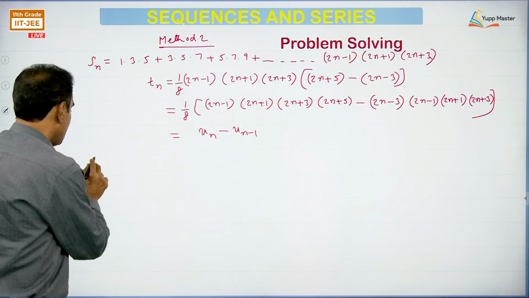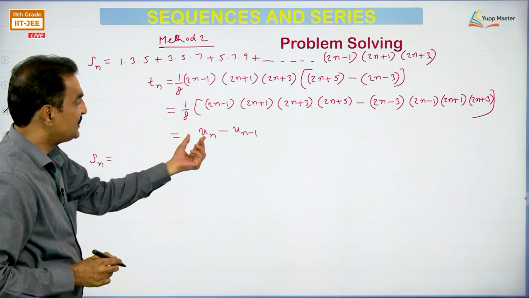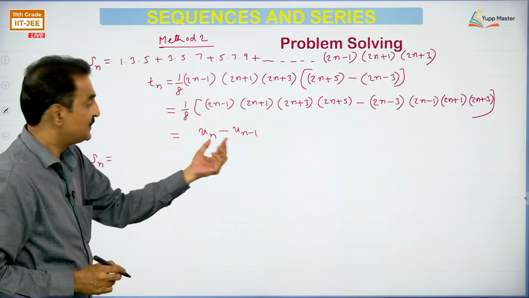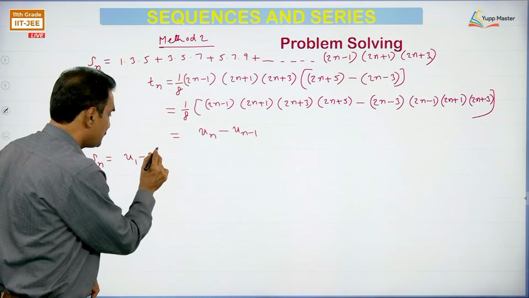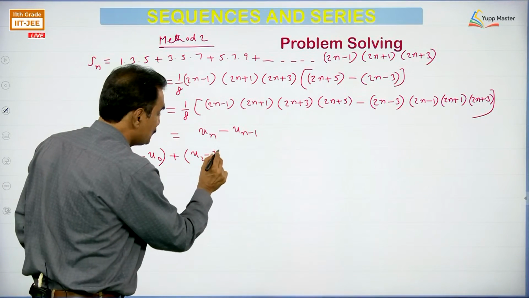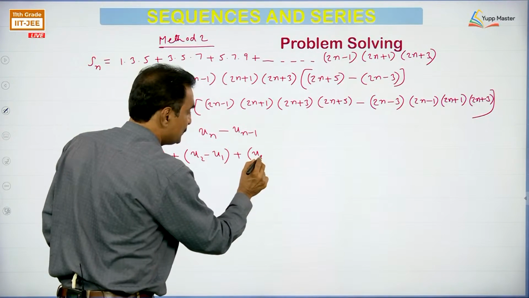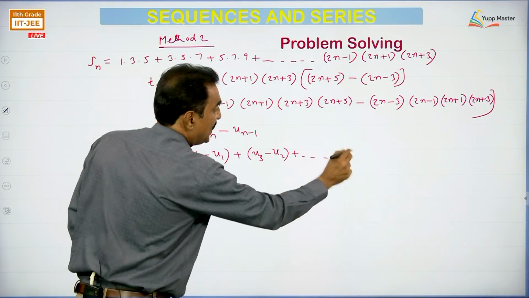Now, Sn is equal to, putting the values of n from 1 to n, you can write the telescoping series. Putting n is equal to 1, u1 minus u0. Putting n is equal to 2, u2 minus u1. Putting n is equal to 3, u3 minus u2, and so on.